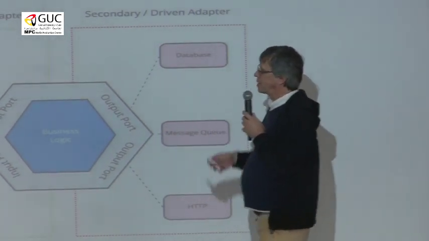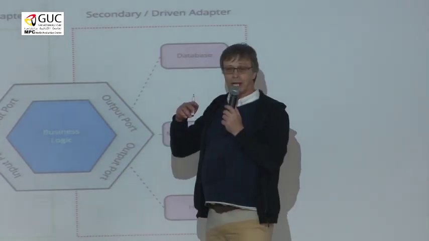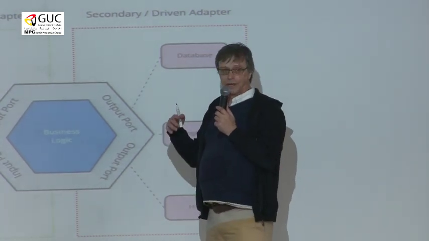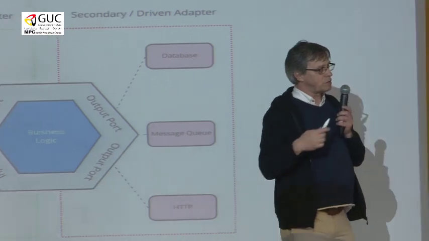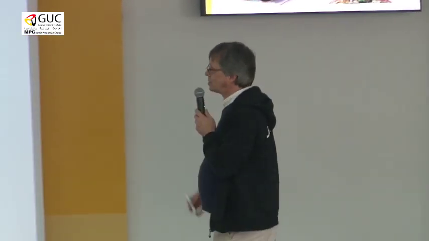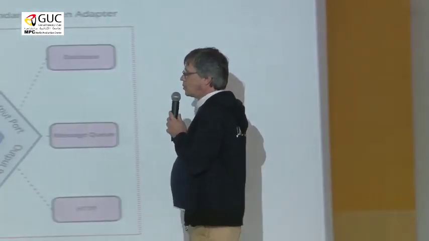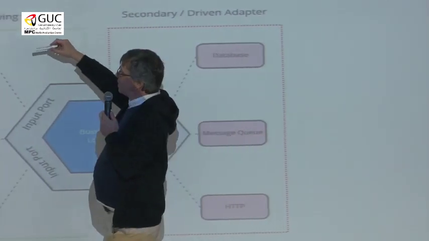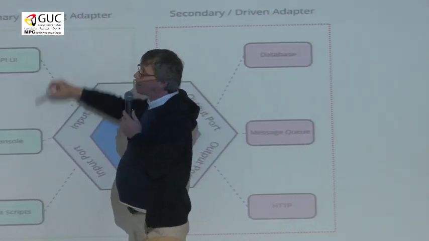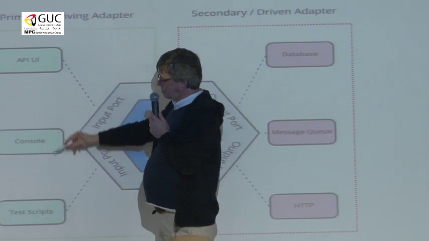So now they call it hexagonal. By the way, if someone asks, there is no special reason for this name. It's just because the first time it was presented, they used a hexagon, so the name became the hexagonal pattern. So what's interesting here is that we can imagine this as being plugins.